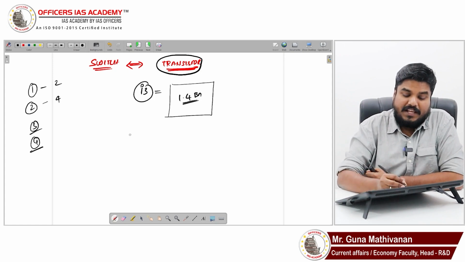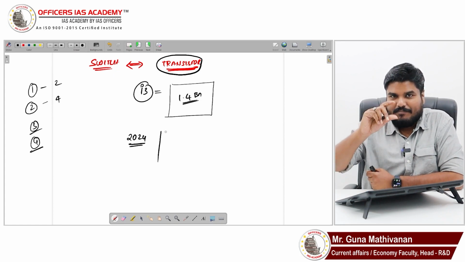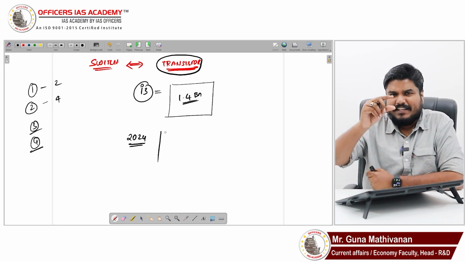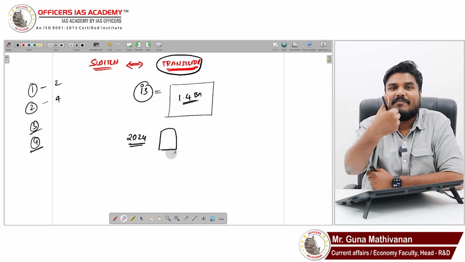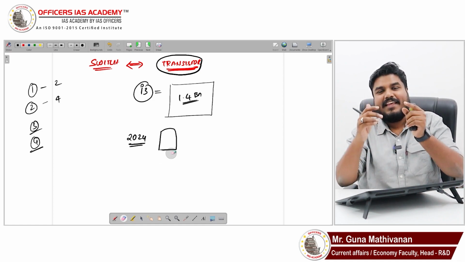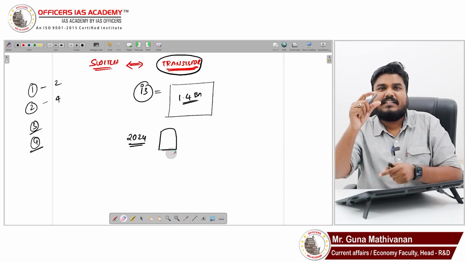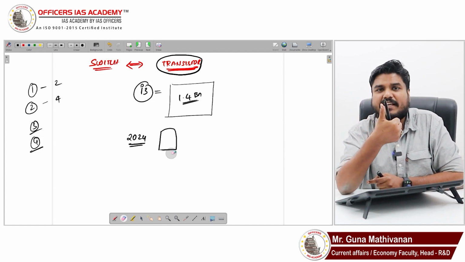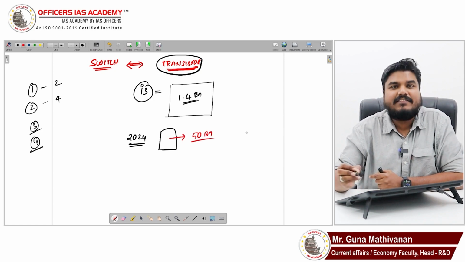And today, as of 2024, the most powerful processor is very small in size. The size of the chip may be equivalent to your nail, and it has close to 50 billion transistors.